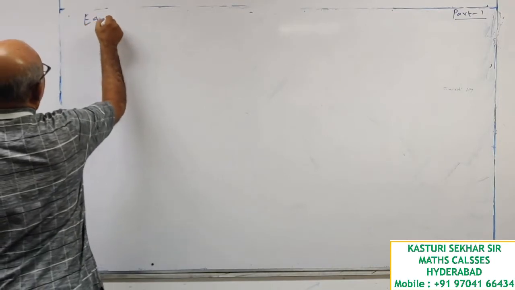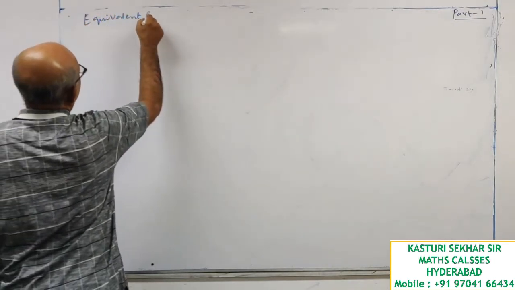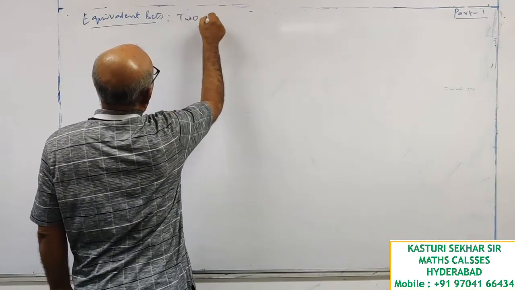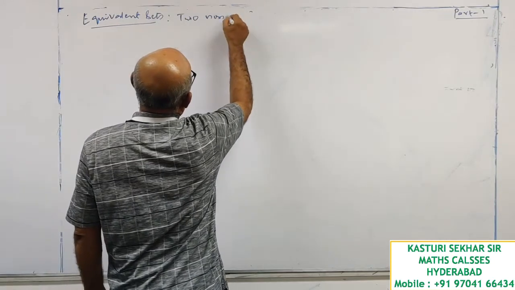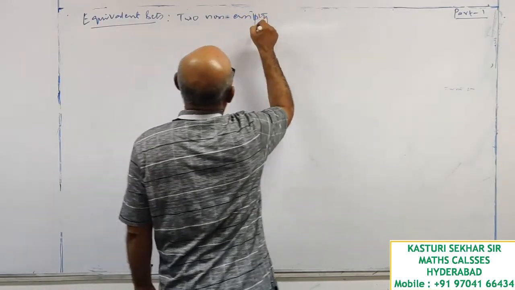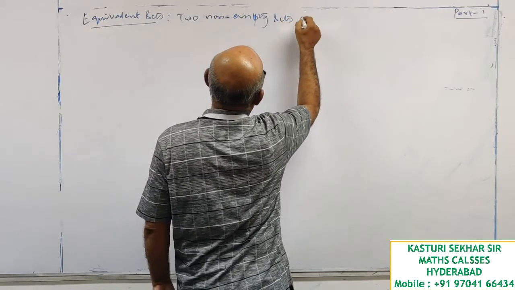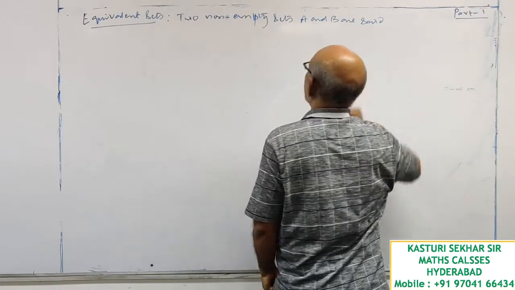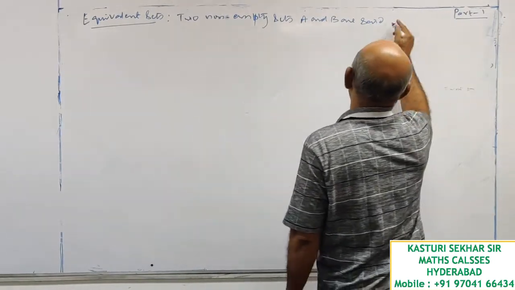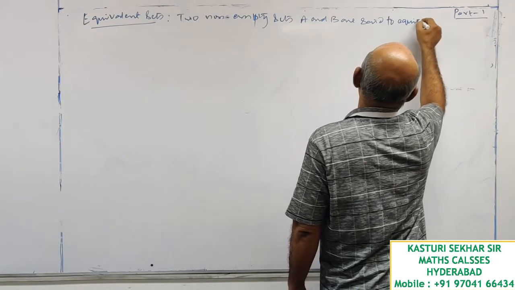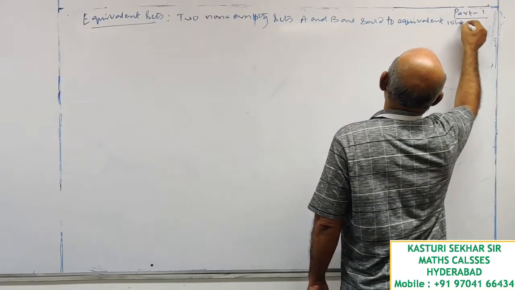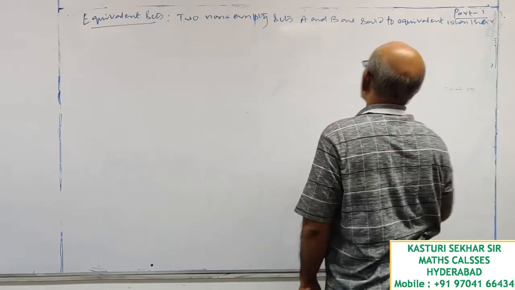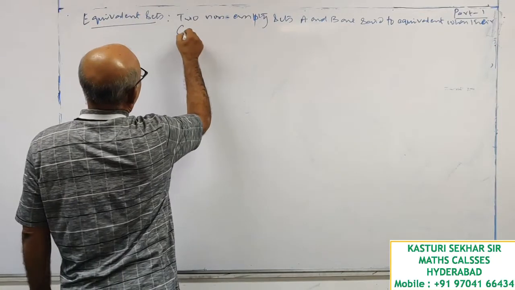Equivalent sets. Two non-empty sets A and B are said to be equivalent when their cardinal numbers are same.